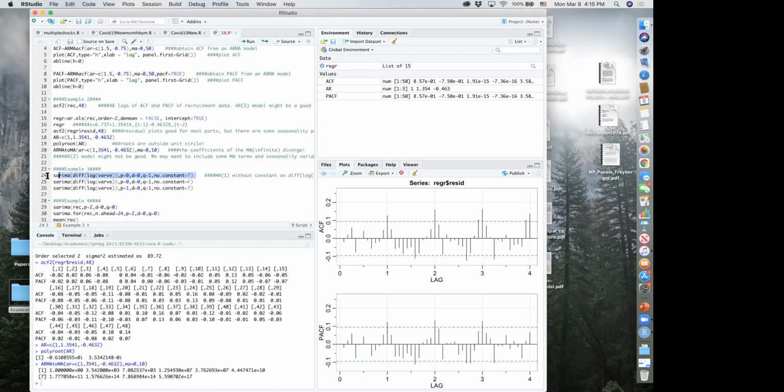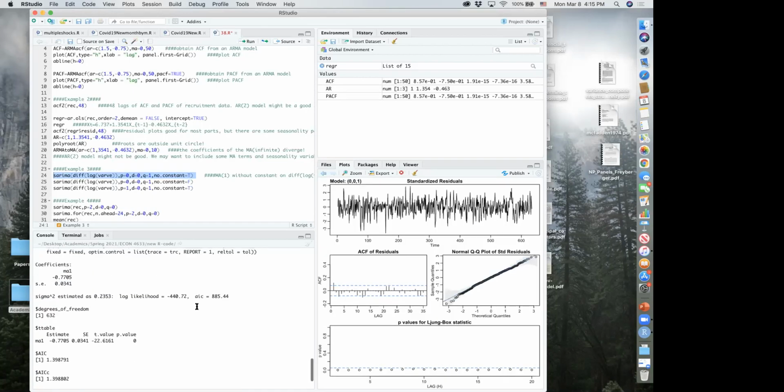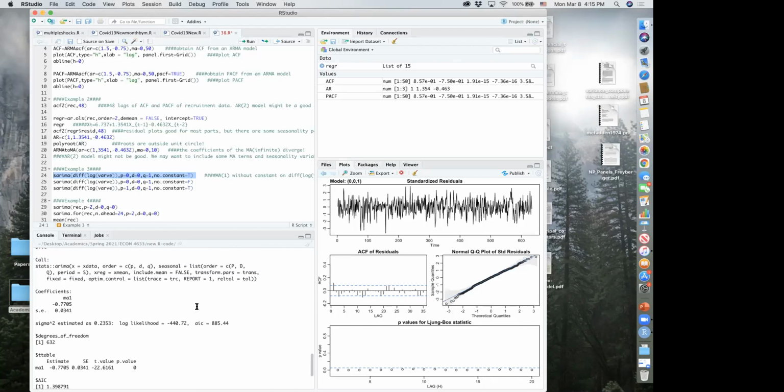If you run this, you can see it has everything here. The MA coefficient is negative 0.77, which is good. It's less than 1 in absolute value, so it's a causal model, and it's a valid ARMA model.